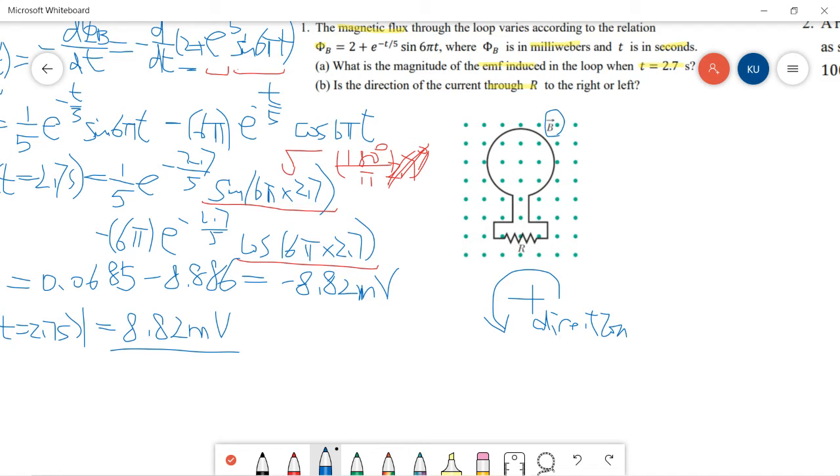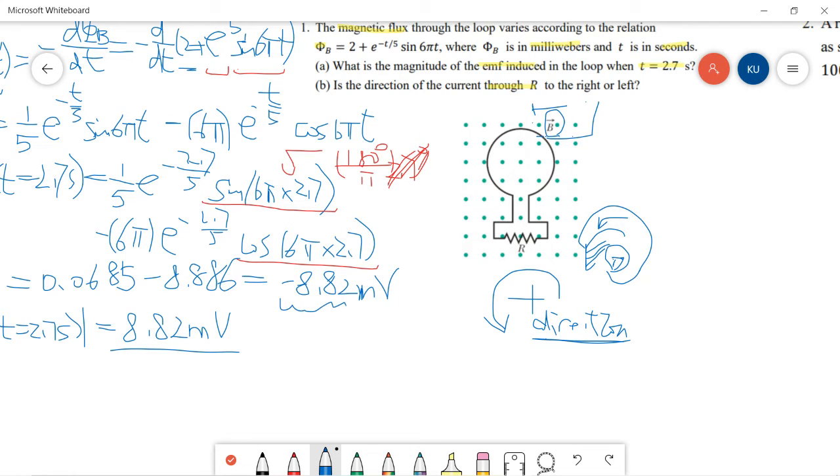We have 5 fingers in a hand, so this is our thumb pointing out of the page, and your 4 fingers are counterclockwise. So this is the positive direction when we define B as pointing out of the page.